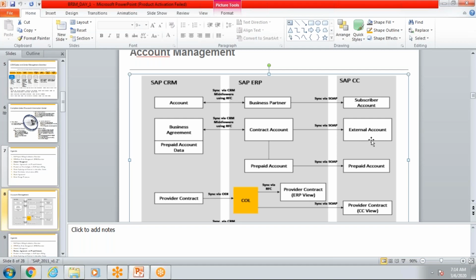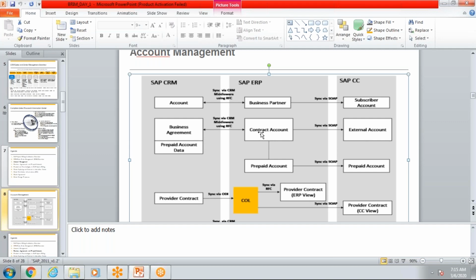And in our training, business partner will be replicated throughout all these systems, and business agreement won't get replicated between CRM and ECC. So we will create the business agreement in CRM system, and with the same number we will create it in ECC and replicate it to CC system.